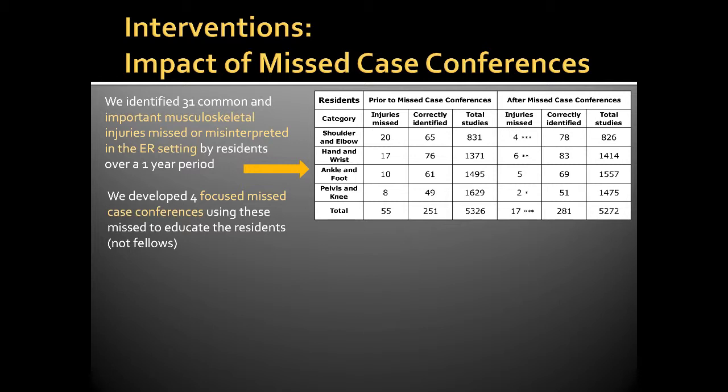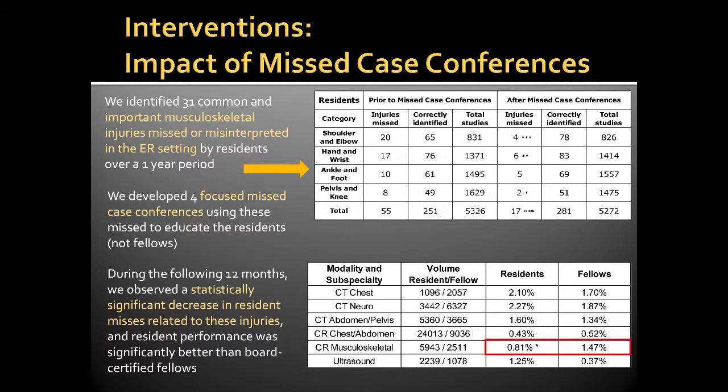We observed a 66% decrease in the errors related to these types of entities over the following 12 months. Moreover, even though fellows had a better major discrepancy rate than residents, the major exception was plain films done in the ER setting, where residents had almost half of the major discrepancy rate of fellows. When you look at what the fellows were missing, they were missing the types of injuries that we were teaching the residents about. Educational interventions such as this can be very effective.